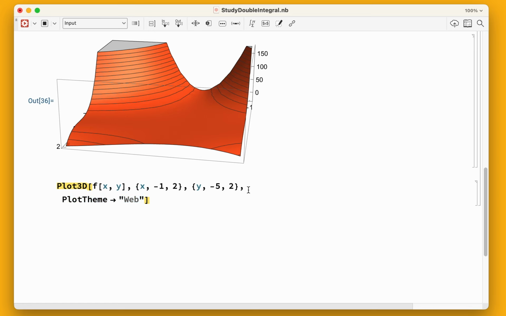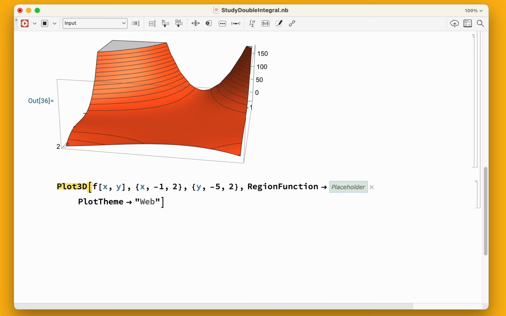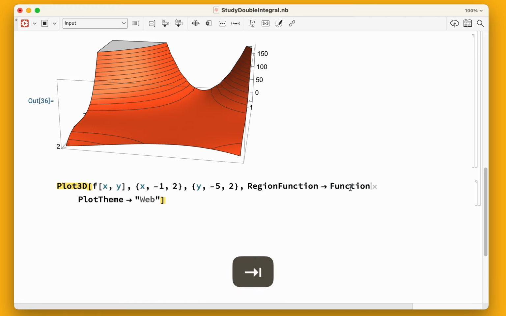Now what we basically need to do is define the region of this function. We do that simply by calling the region function, and inside that we need to write our own function, defined with all the attributes mentioned in here.